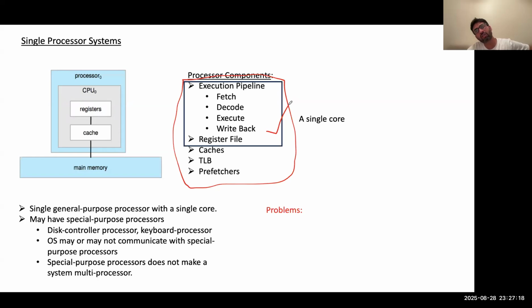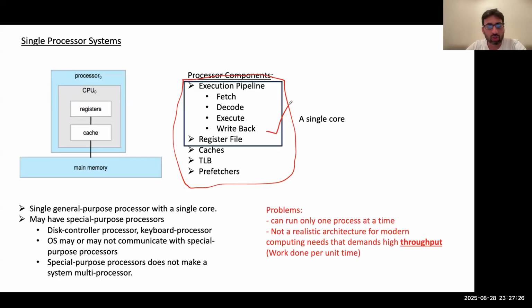In a very trivial way, by counting how many processes I can run on my machine at the same time, right? Now, the problem with this approach is that it can run only one process at a time because I have only one CPU. So it is not a realistic architecture for modern computing needs that demand high throughput, which basically means work done per unit time.